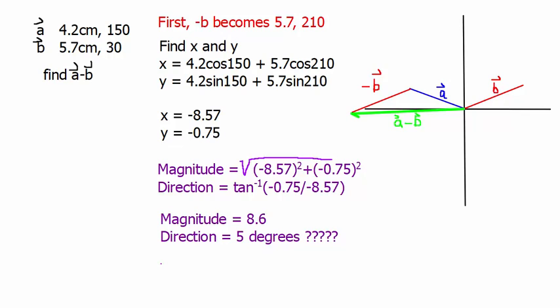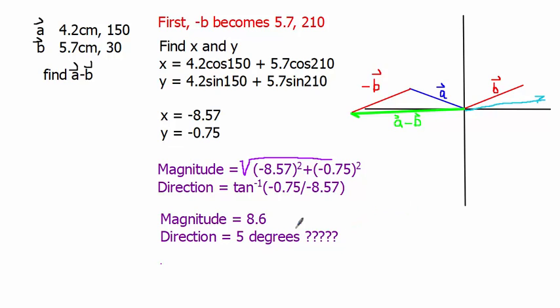When the calculator gives me magnitude, I'm good, but the direction that it tells me is 5 degrees. If I take a look at a sketch of vector A and vector B, and I'm subtracting vector B, so it's coming this direction instead of this direction, my resulting vector is in green, and that's not at 5 degrees. 5 degrees was this direction right here, and I am going the opposite direction of that.